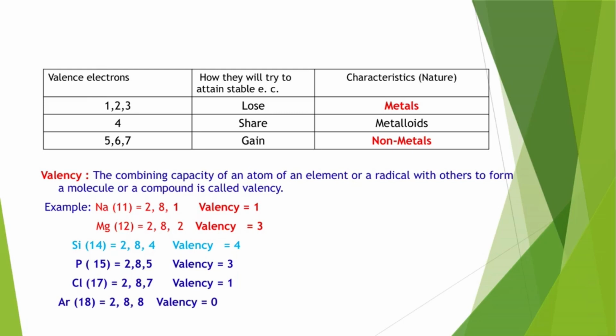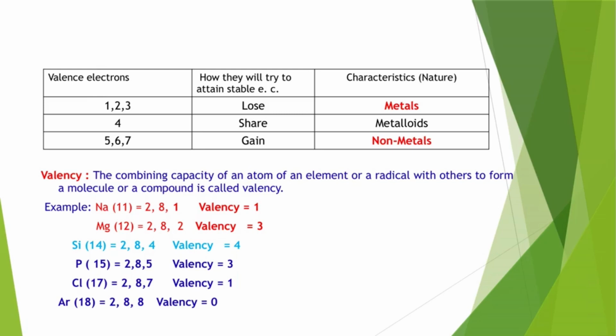That may be a different bond: the electrovalent bond, which is called the ionic bond, and the covalent bond, which we will also discuss. So, in the next class we will study about that.